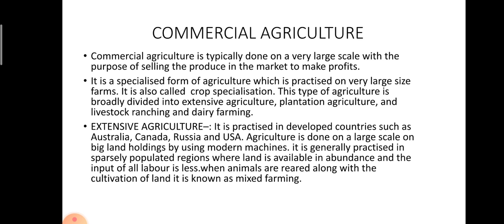And Jhuming is a type of shifting agriculture practiced in northeast India. There are different names for shifting agriculture in our country, and the names vary from state to state. In Jharkhand and Odisha, shifting agriculture is called Kuruwa and Podu.